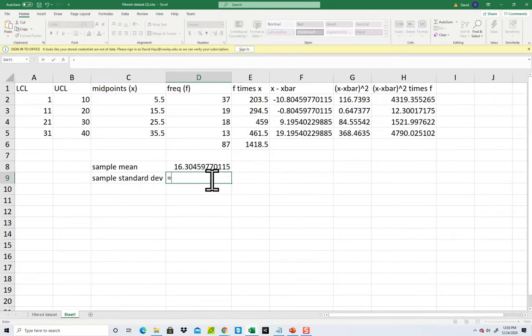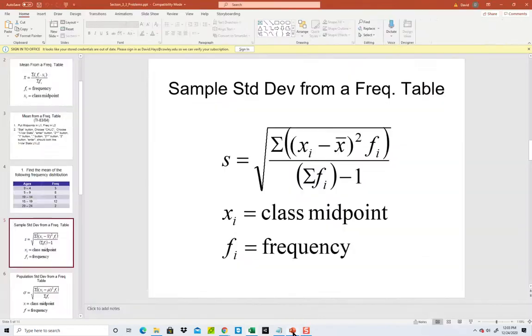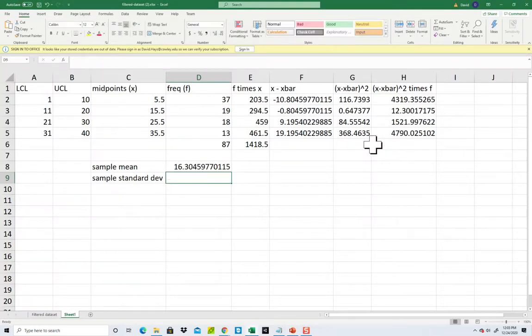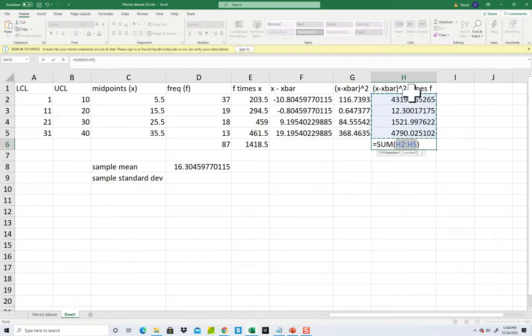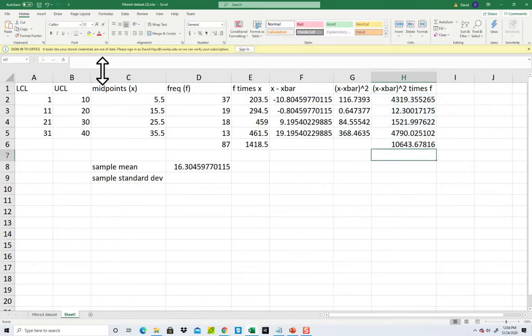I'm going to do equals square root, number up on, oh, I've got to sum those, don't I? I forgot, because there's a uppercase sigma looking here. Okay, so let me escape out of that, come back here, click my auto sum. Again, if you're doing it by hand, you'd add these in your calculator. Press enter.